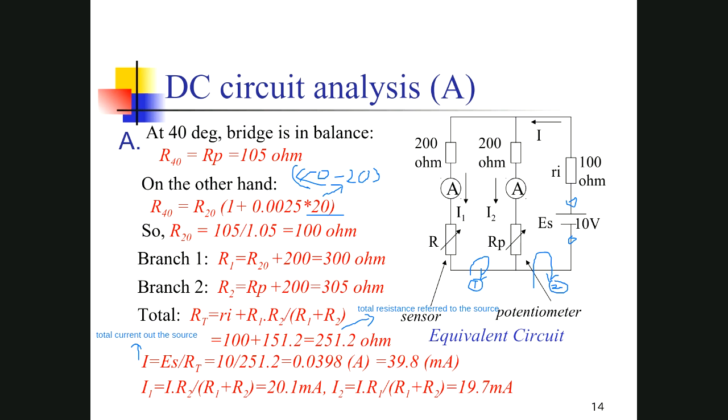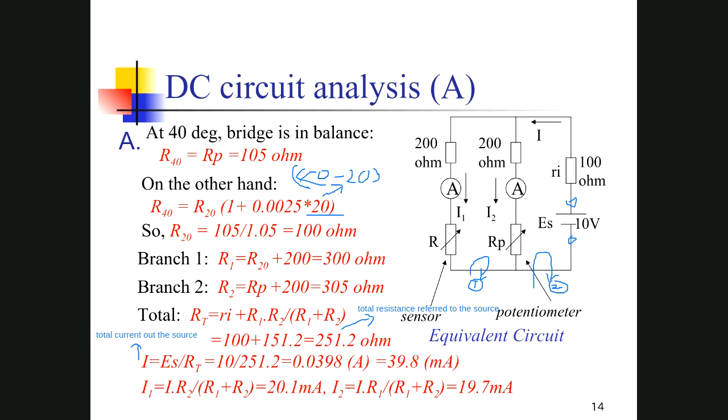Okay, so first for loop 1, we can start from the R. Because the current is downward, we start from the lower side of the R in the clockwise direction.